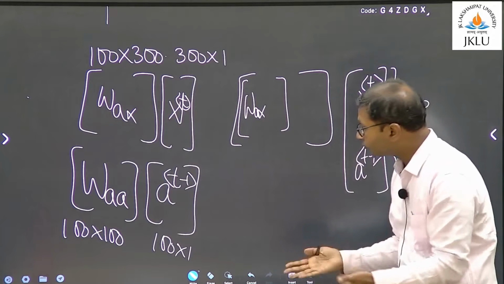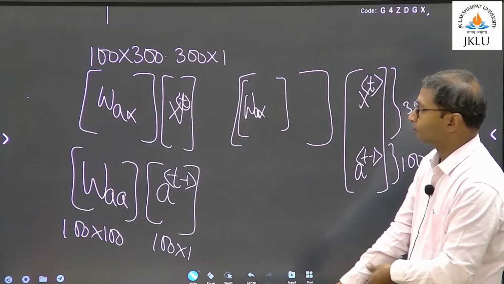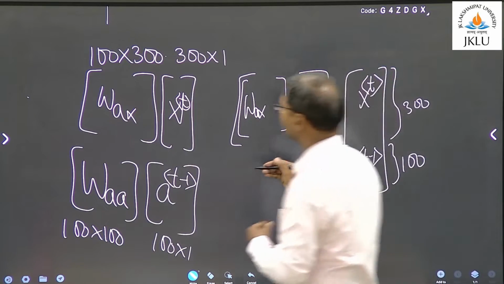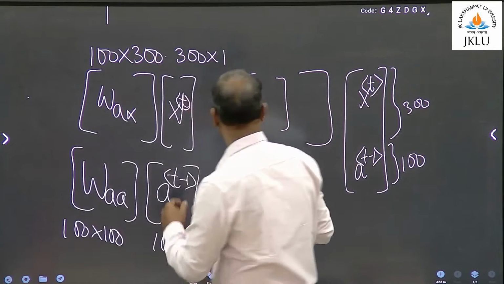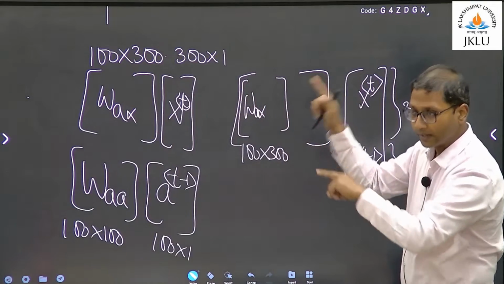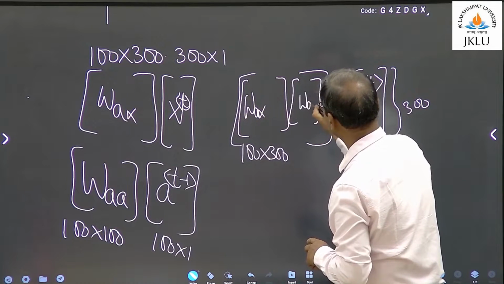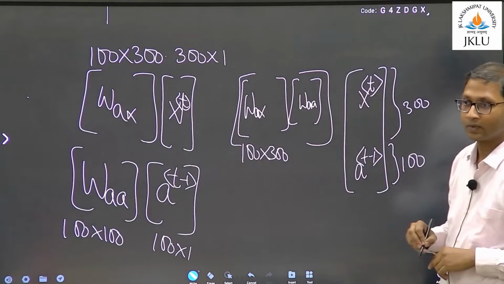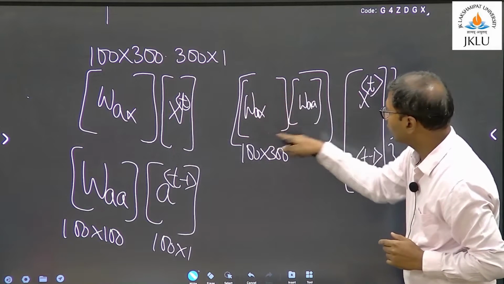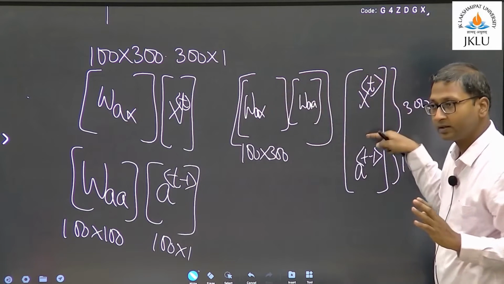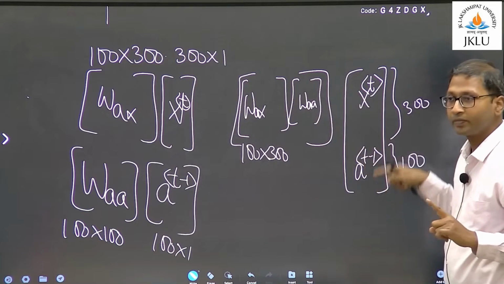Where should I put my WAA? So what is this guy? 100 cross 300. So that means rows are 100. So I can fix my WAA here. So just concatenate this and concatenate this. Now WAX will get multiplied with only XT, and WAA will get multiplied with only at minus 1.